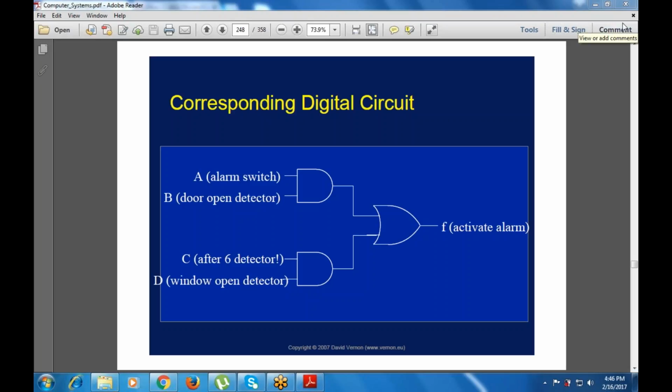So this is for A and B. Two AND gates are going into an OR gate. That means two AND gates are converted into one OR gate.